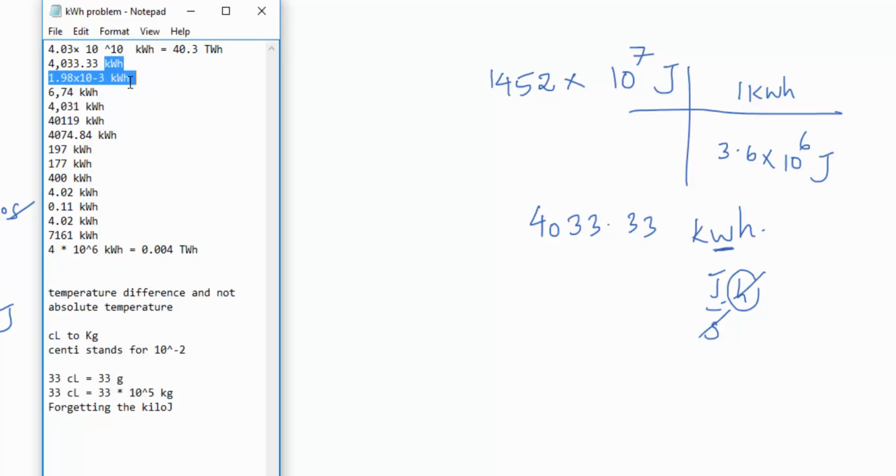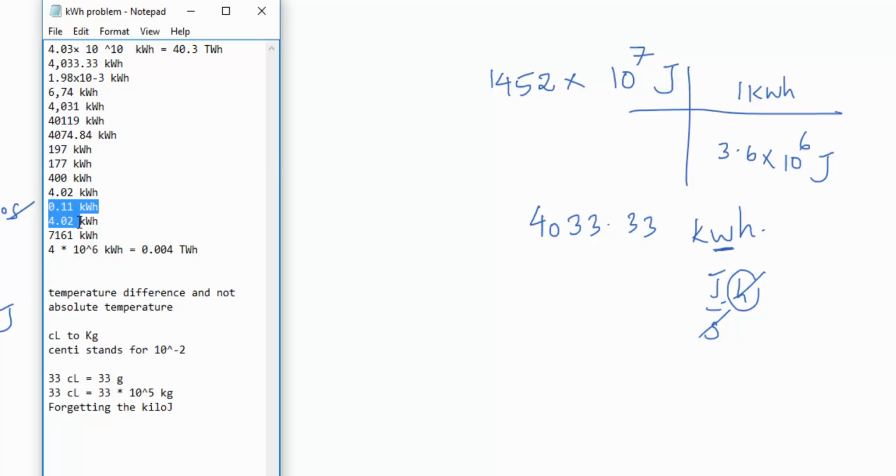This one here, 1.98 times 10 to the power minus 3 kilowatt hours. 1 kilowatt hour costs nearly, I think, 20 or 30 centavos. So it's absolutely free. That seems wrong. You're paying 60 centavos or 1 real for this. Doesn't make sense. That sounds reasonable. This one is 10 times higher than the other ones.